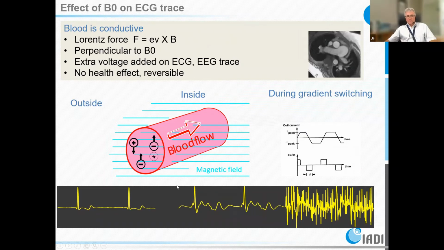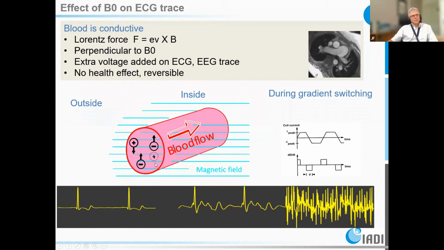Another effect of B0: this is an ECG. An ECG outside the system looks like this, for example. But when you go inside, you have all these waves here, what we call hydrodynamic effects. This is due to the fact that the blood is loaded. You are inside the magnetic field, and what happens there?